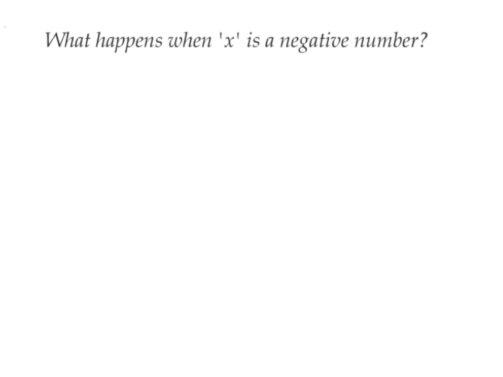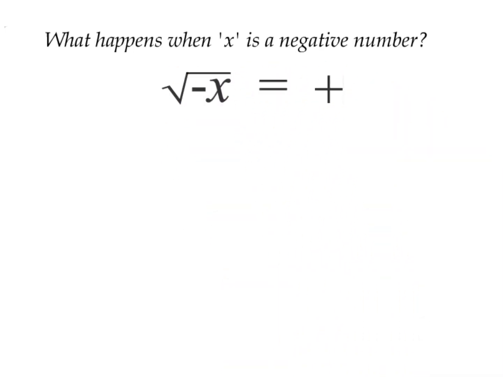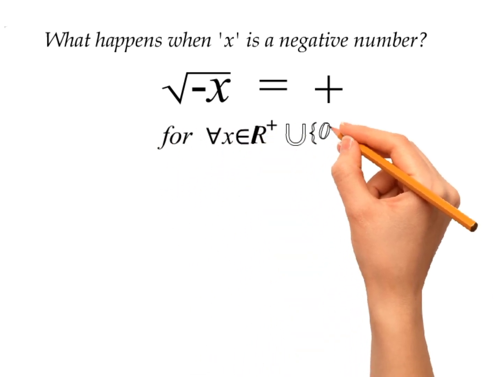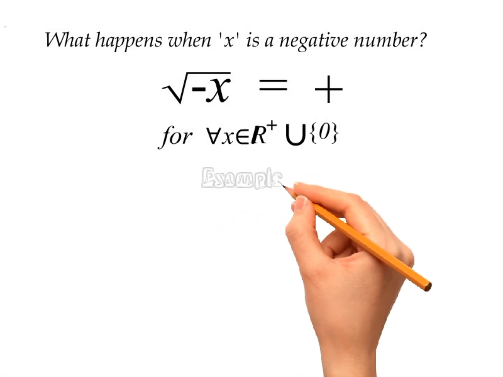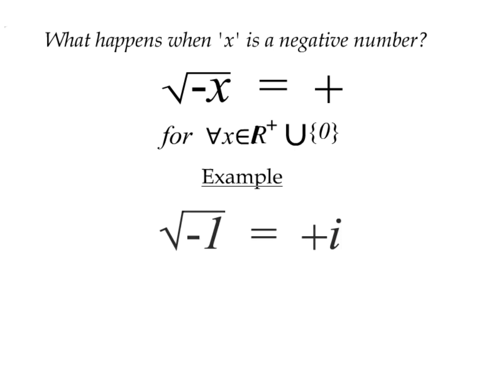What happens when x is negative? The square root of a negative number x remains positive for all non-negative real values of x. This is a variant of the discussed positive part, but in this case, we will be dealing with imaginary numbers. Example: the square root of -1 is positive i, where i is the complex number.